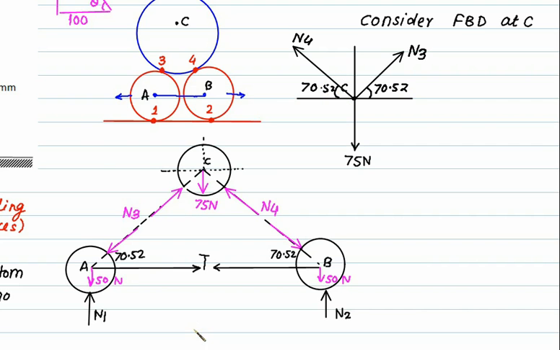We have 3 forces, so we can apply Lamy's theorem and find the angle between the forces. What is the angle between N4 and 75 Newton? Is it 160.52? The angle between 75 and N3 is 90 plus 70.52, which is 160.52. We can find this angle using the 360 relation: 360 minus these is 39.